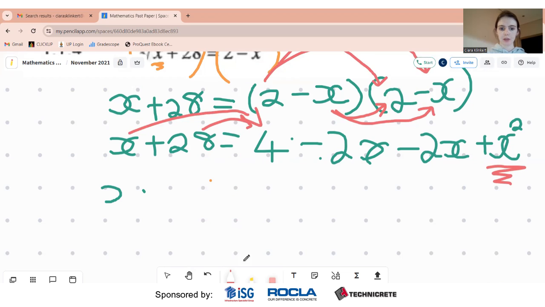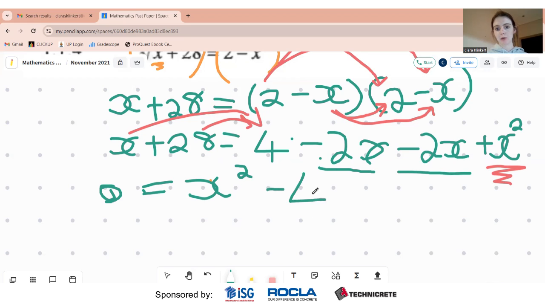So I'm going to say 0 is equal to, I'm going to start by writing x squared, because that's just more orderly. On this side, I had minus 2x minus 2x. I'm actually just going to simplify those two immediately. I get minus 4x. So I've included x squared, this minus 2x minus 2x. I've got a plus 4.